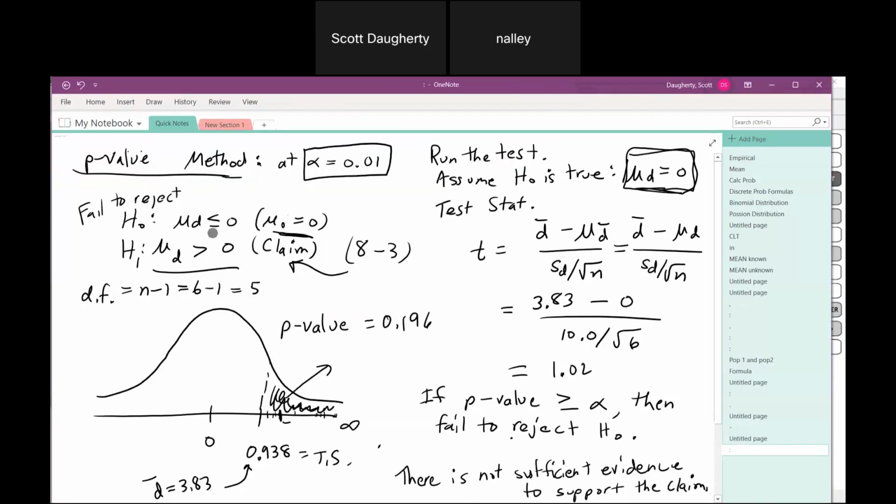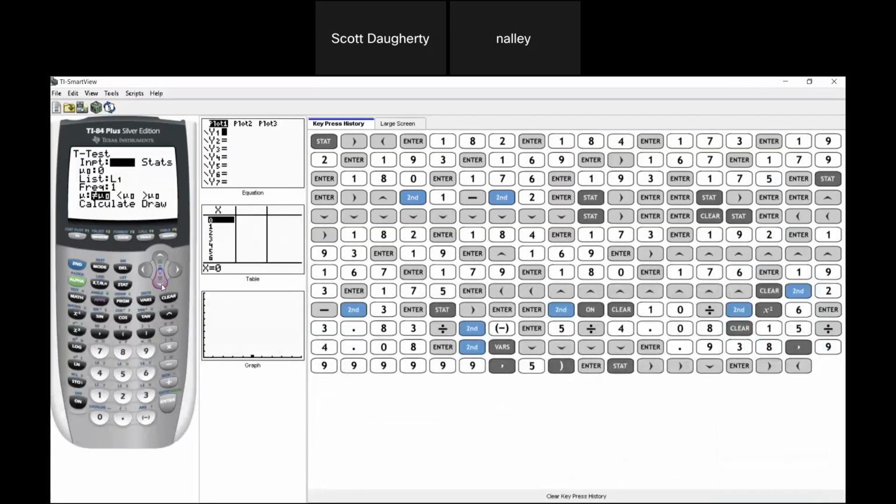So what is mu sub 0 from the null hypothesis equal to? Well, it's equal to 0. That's all that means. So for us, mu sub 0 is 0. The list that we're drawing our data from is L1 because that's the differences, right? I put the differences in L1. Now, if you have it in a different list, make sure you change it. Originally, I had it in L3. So if it was in L3, change it to L3, right? But I went ahead and put it into L1. Keep the frequency at 1, don't change that.